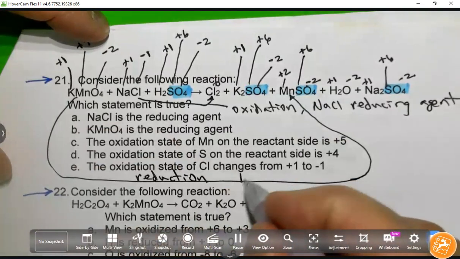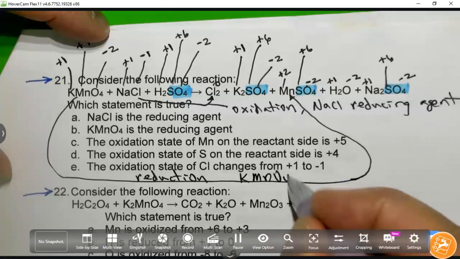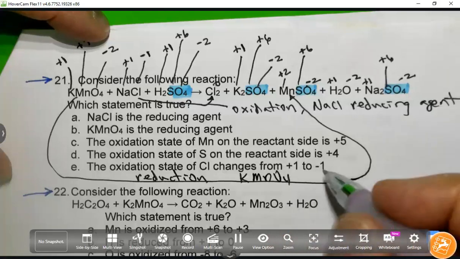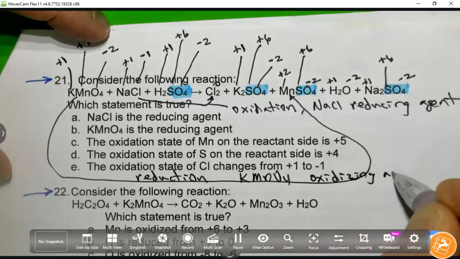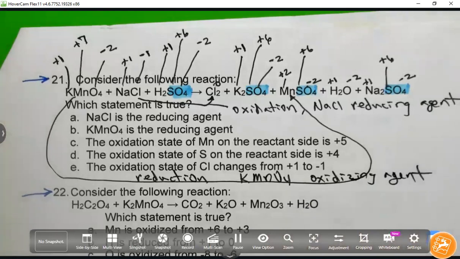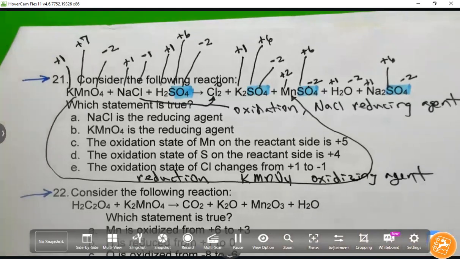That means KMnO4, if that's undergoing reduction, is the oxidizing agent. All right, now that I know this much, we've got an answer there, correct? Yeah. We had an answer right away.